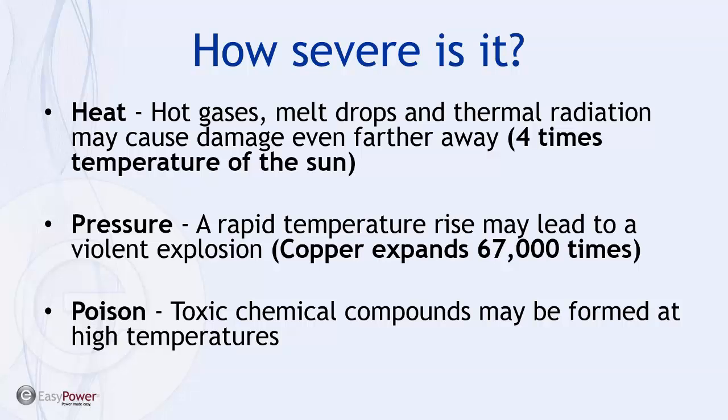How severe is it? These are some interesting statistics. The temperatures it can reach are 4 times the temperature of the sun. It can melt pretty much anything. The rapid pressure expansion can lead to a violent explosion, expanding copper 67,000 times, and it's very toxic.